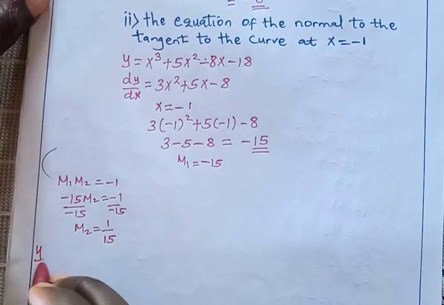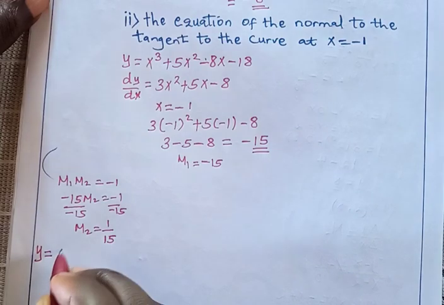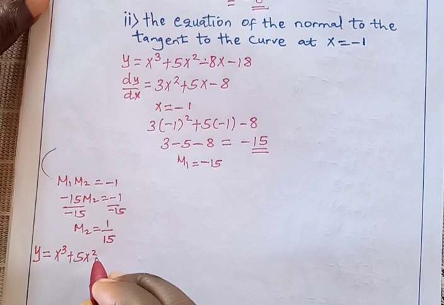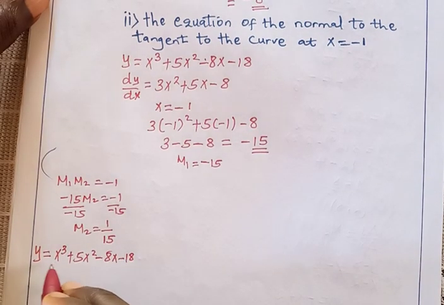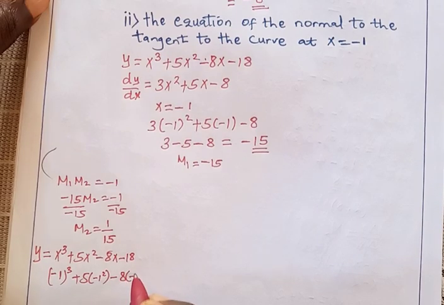We say y now is going to be x raised to power 3 plus 5x squared minus 8x, then minus 18. We already know what x is, so ours is to substitute x: negative 1 raised to power 3 plus 5 into negative 1 squared minus 8 into negative 1, then minus 18.